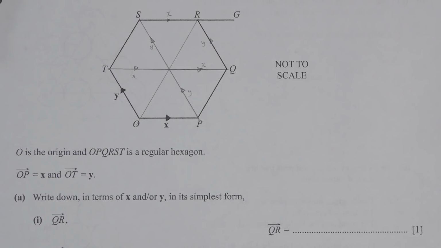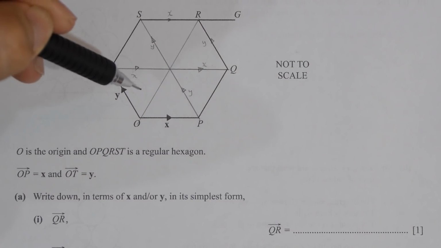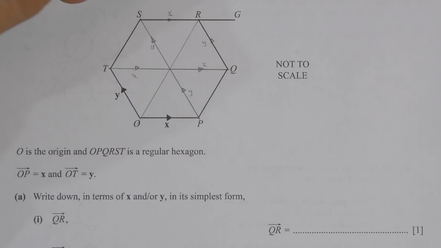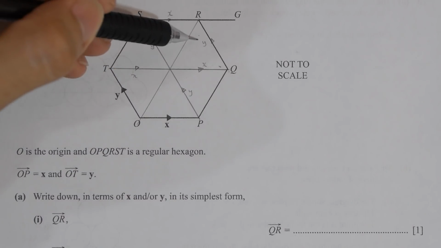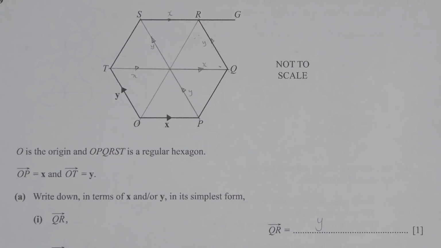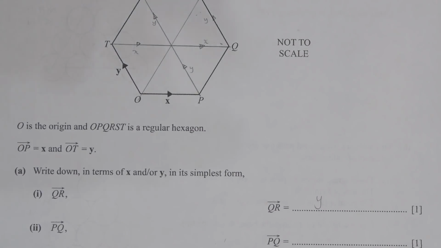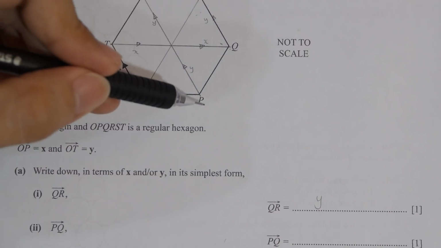The first thing they ask us to identify is QR. So QR is actually equal to y, whereby PQ is actually y plus x.